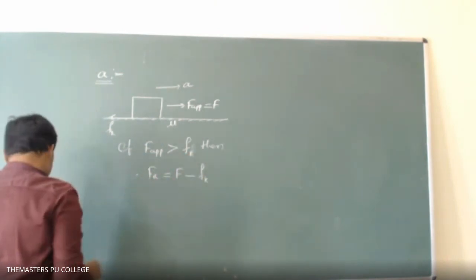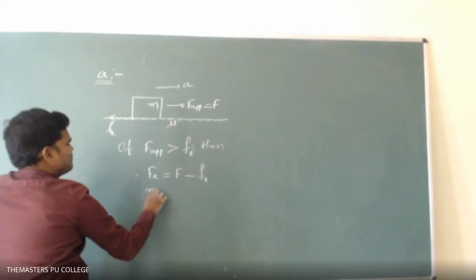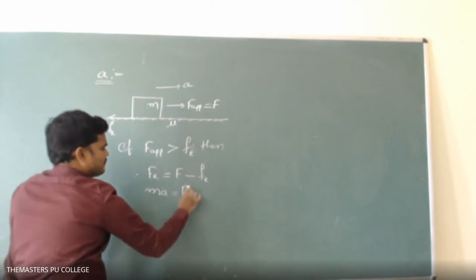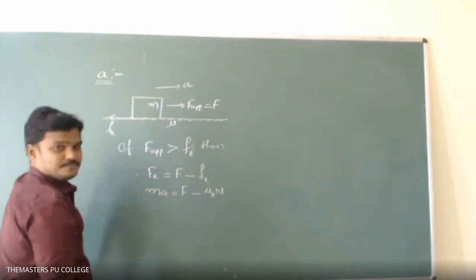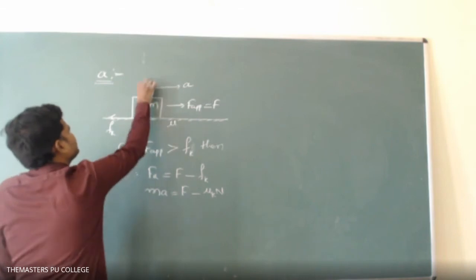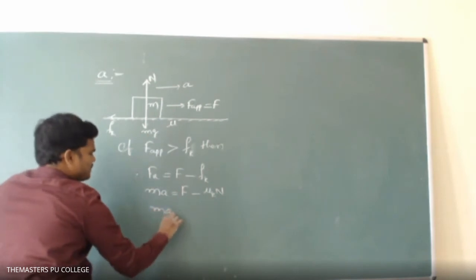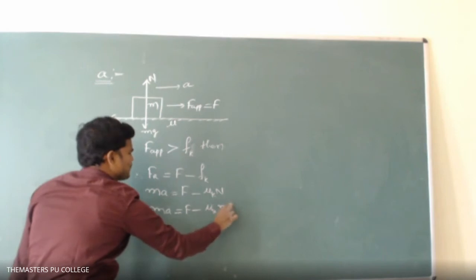What is the resultant force? m a, net force. This is mu k N. So what is N? mg. Yes, mg. So ma is equal to F minus mu k mg.